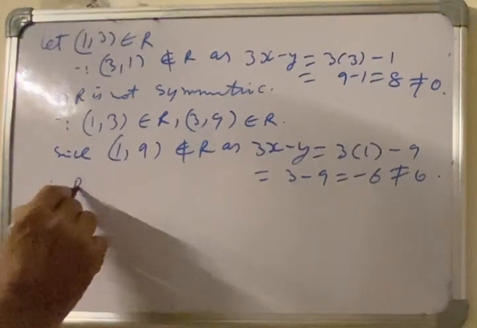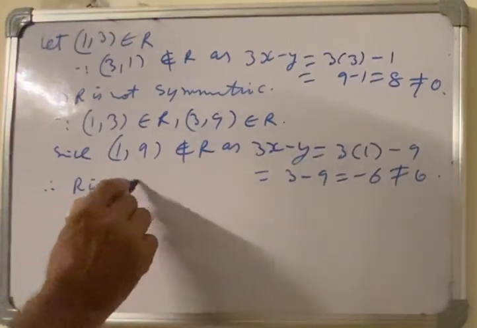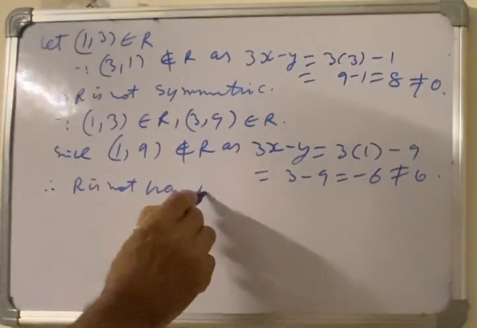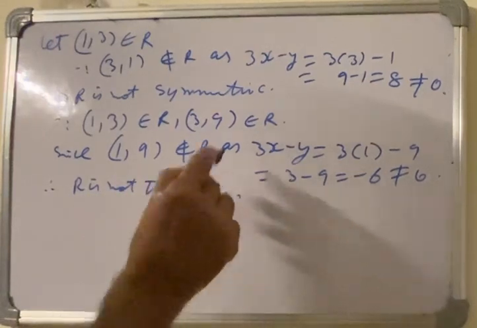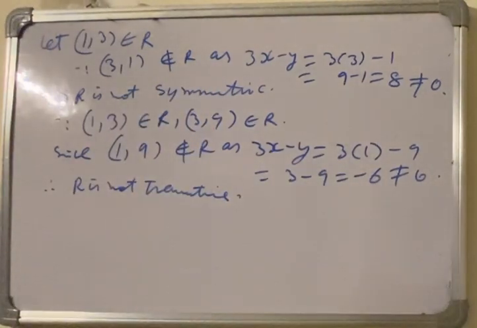Therefore, R is not transitive. So we can check in this way by taking any values.